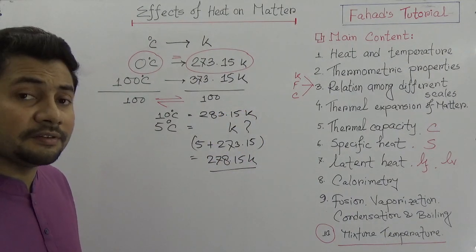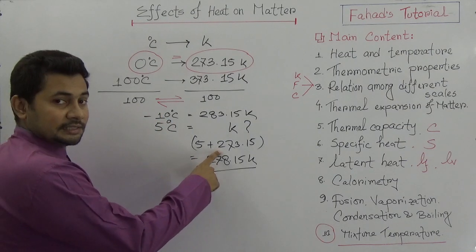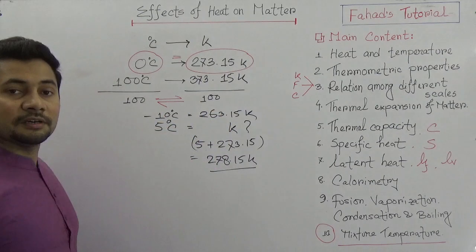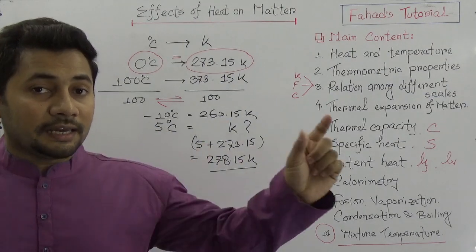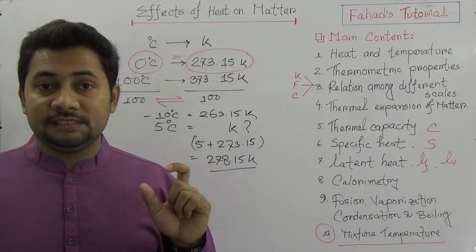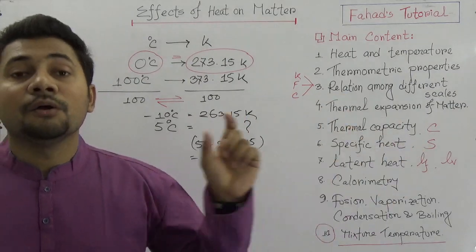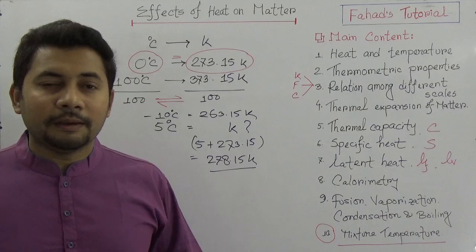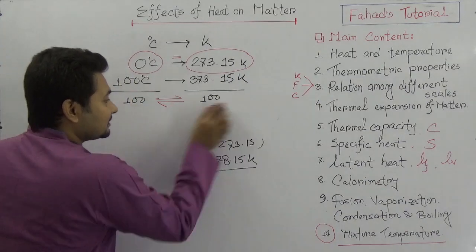What if it is minus 10 degrees Celsius? We deduct 10 from 273.15, and it would be 263.15 Kelvin. So to convert an individual Celsius temperature to Kelvin, we add 273.15.